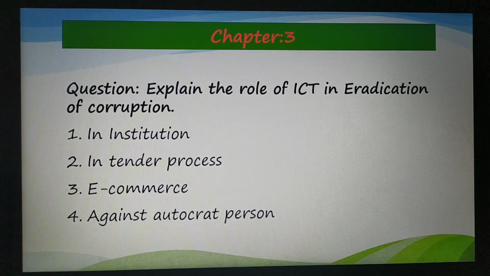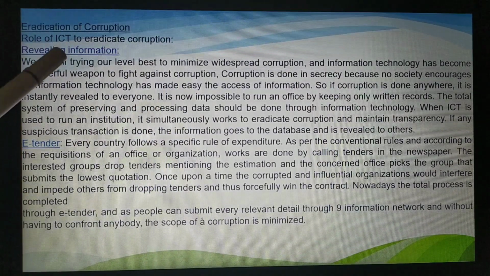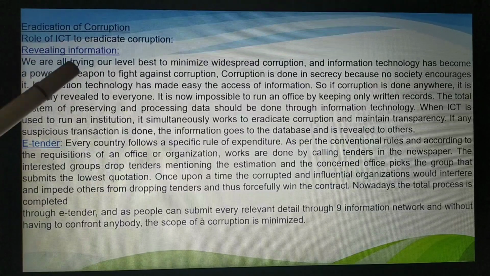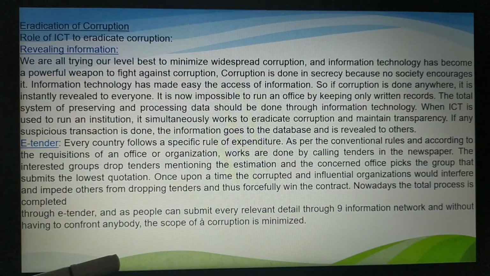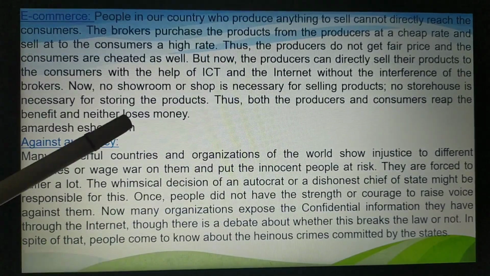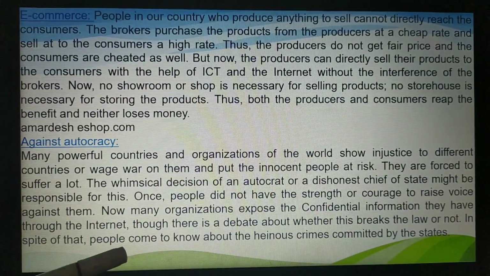Okay, so I have also shown here, I have taken the book writing. So revealing information, the first para, e-tender, the second para, all information, e-commerce, all the information, and autocratic persons. And also write an introduction and conclusion para here. Okay. Are you getting me, boys? And my dear girls, my dear dolls.